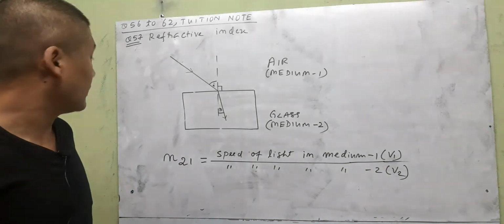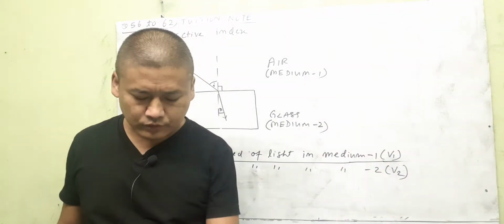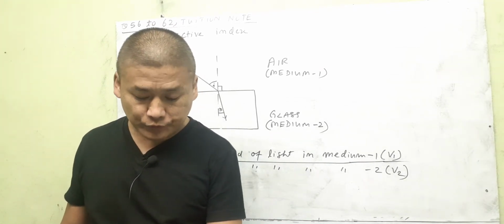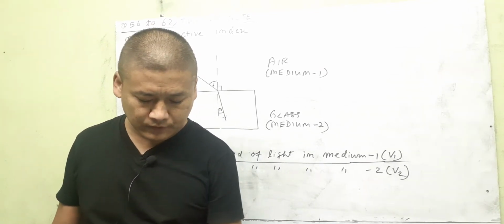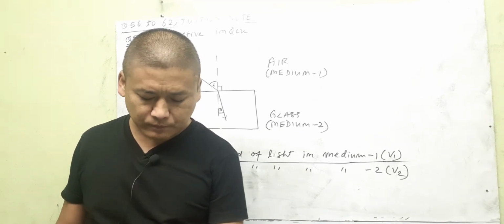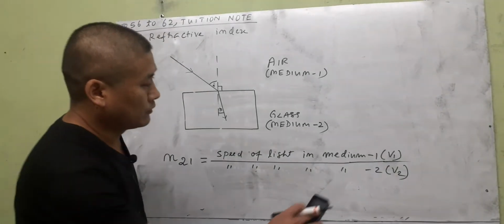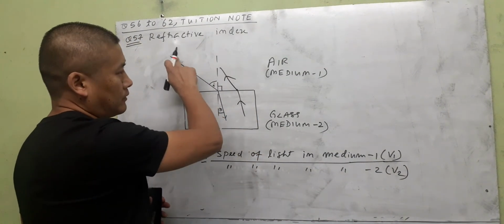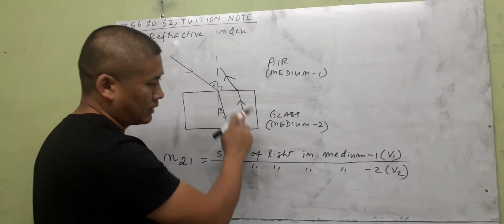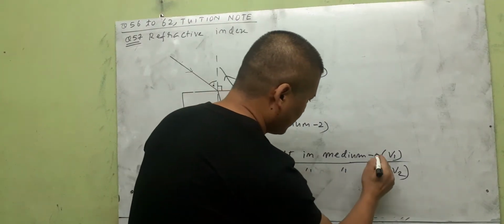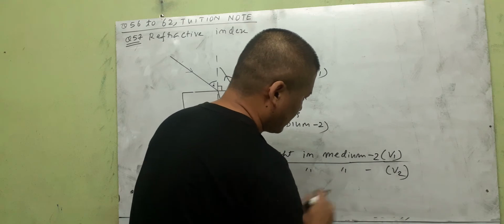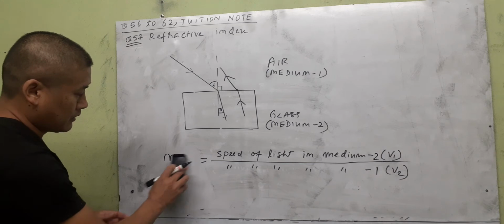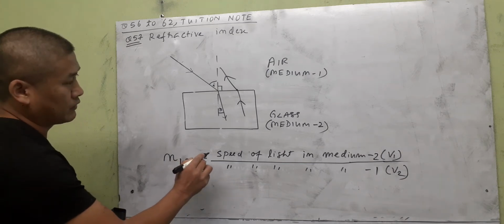Number 58. Look into your note. Conversely, that means the reverse way, the ratio of the speed of light in medium 2 divided by speed of light in medium 1. If you pass now from here to here, instead of medium 1 to 2, you're passing from 2 to 1, then it will become refractive index of medium 1 with respect to the second one.